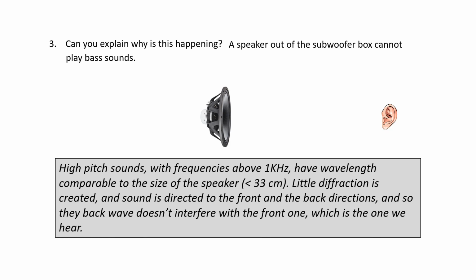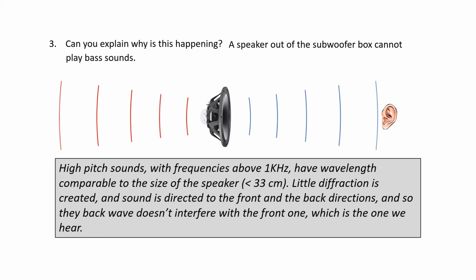High-pitched sounds with frequencies above 1 kHz have wavelength comparable to the size of the speaker, I mean less than 33 centimeters. Little diffraction is created and the sound is directed to the front and the back directions. And so the back wave doesn't interfere with the front one, which is the one we hear.